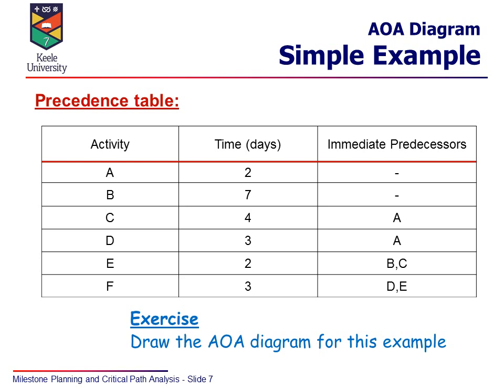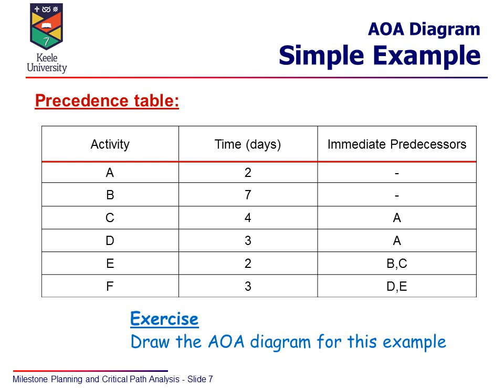So the precedence table tells you what the activities are, what the times are in days, and which activities have to be completed for the next activity to start. We use this very simple example in the lecture just to get you started on working through a network.